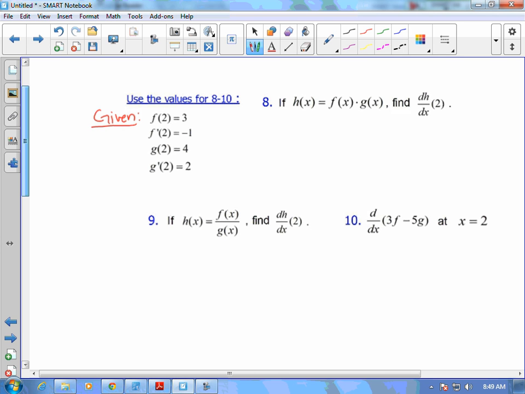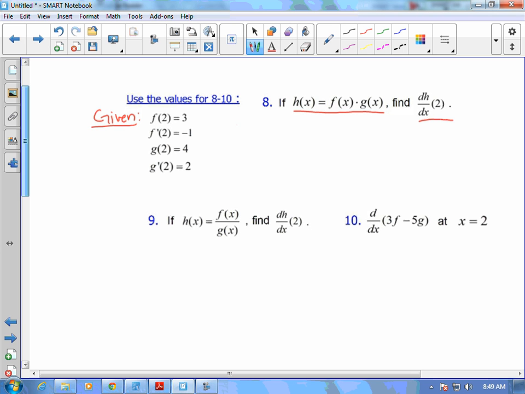So, if h equals f of x times g of x, which rule would we be using to find dh/dx? Product rule. They're being multiplied, so it's first times d last plus last times d first.